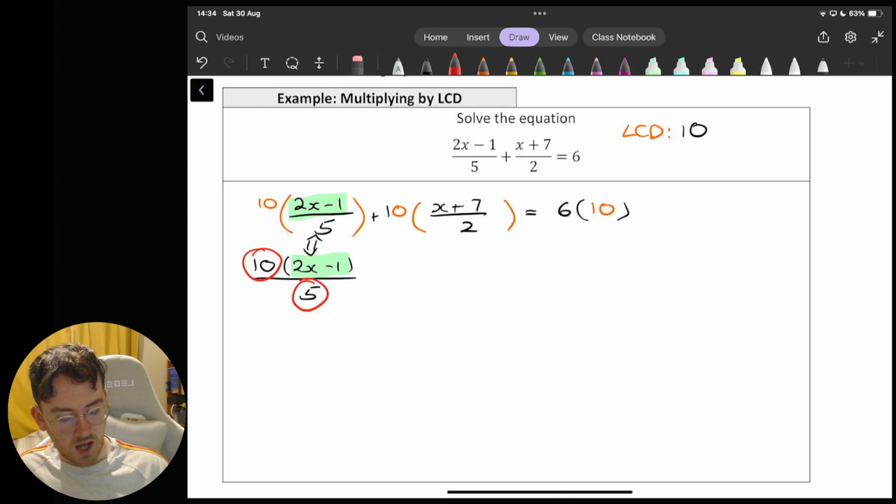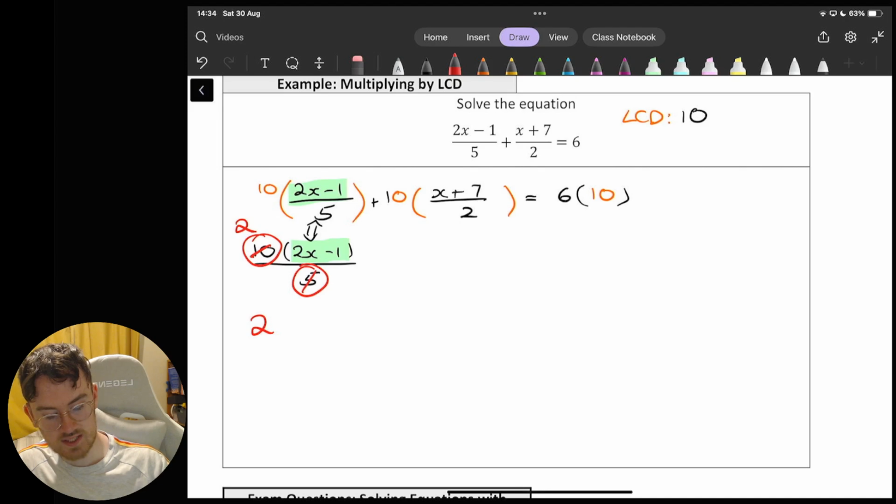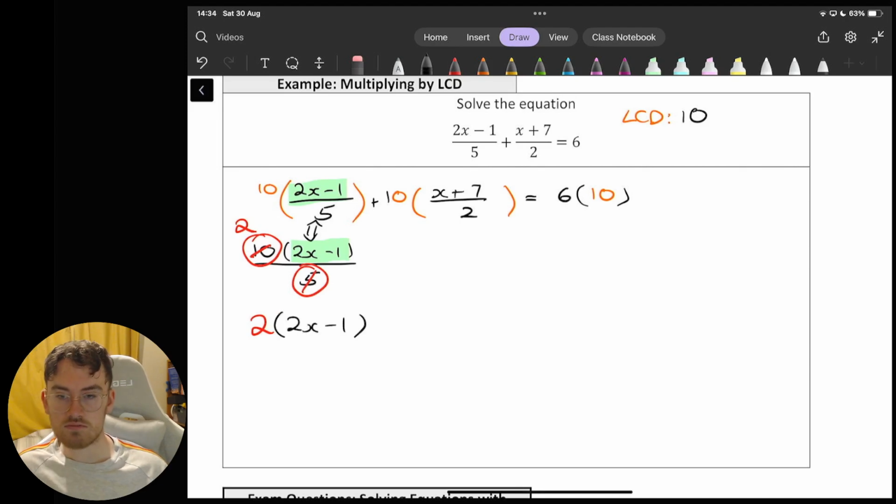Obviously we know that that's just going to leave me with 2. And the 2 will be on the top of the fraction because it's left over from the 10. So I'm left with 2 times 2x minus 1. I've divided the denominator, the 5, into the 10, which leaves me with 2.